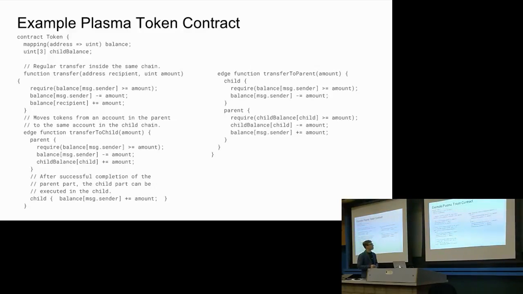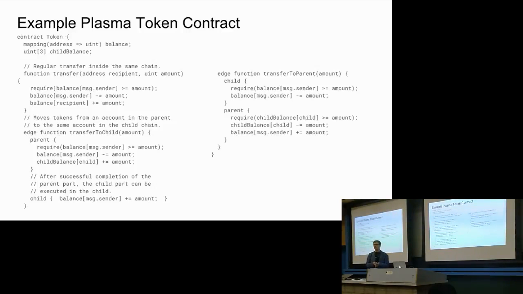Then we have these two functions, transfer to child and transfer to parent. These are special because they are marked with the edge keyword. When functions are marked with the edge keyword, they are executed on an edge inside this tree graph. This means they are executed both on the parent and on the child. When you run this in such a complex multi-blockchain system, you would specify which blockchain you send it to.